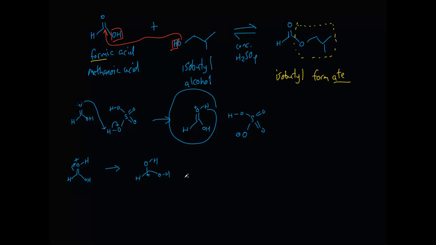And from there, what you'll get is the alcohol, or I should say, one of the lone pairs on the oxygen of that alcohol, this being the isobutanol, moving towards the electrophile, so that I now have this here.